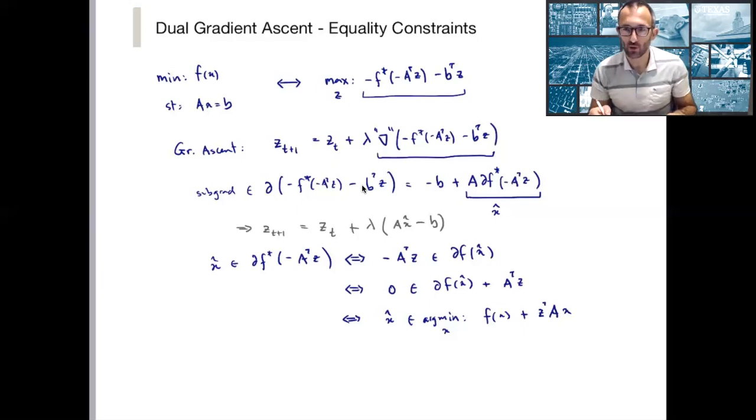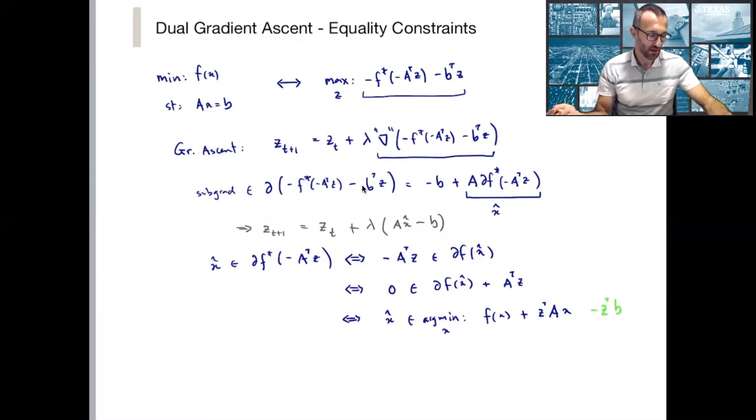Because I'm looking at an argmin over x, I could easily just add in here minus Z transpose B. And so really what this looks like is minimizing the primal plus a penalty, Z, times your violation of Ax minus B. So this should be familiar from the general derivation of duality where we dualize the constraints.